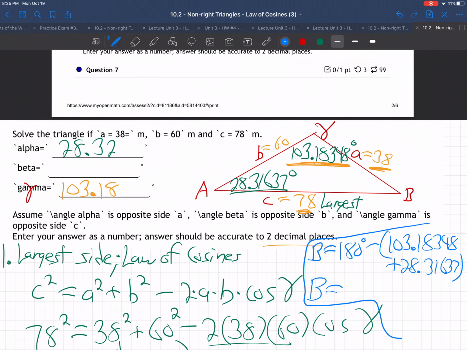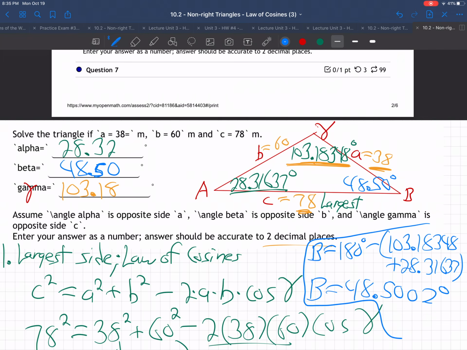I'm getting capital B is 48.5002 degrees. They want me to round it: 48.50 degrees. There we go.